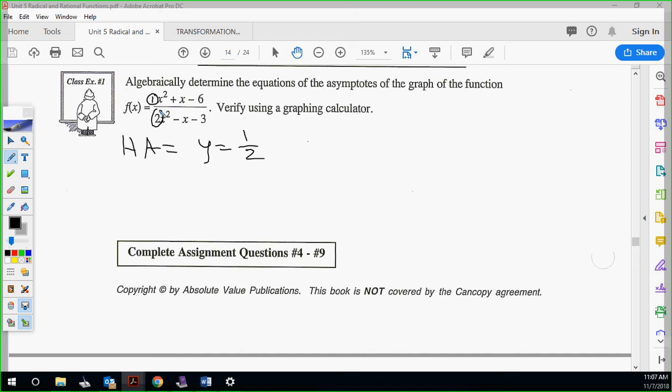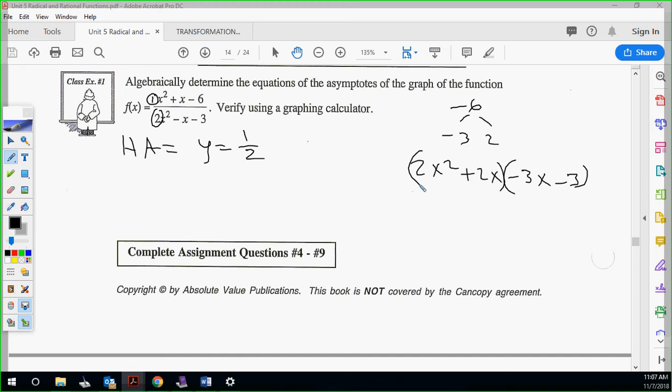Okay, vertical asymptotes. I don't know what makes 0 on the bottom, so what do I have to do? Factor. We need to factor the bottom. We do decomposition because there's a number in front. So 2 times -3 is -6. The factors of -6 that give you -1 are -3 and 2. So you rewrite it now: 2x squared plus 2x minus 3x minus 3. And then we group.